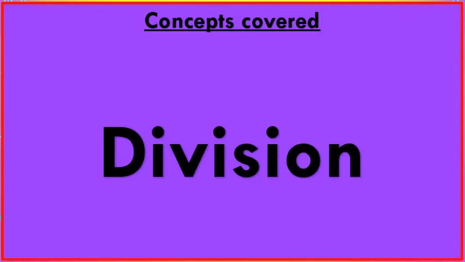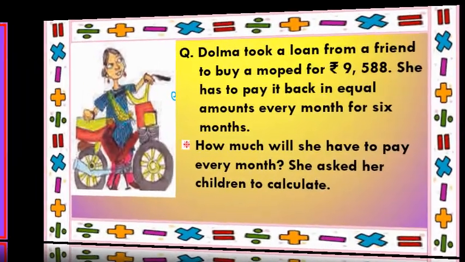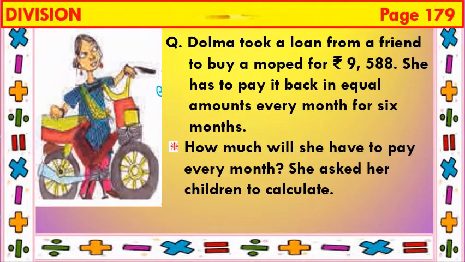Children, today we are going to learn division. This is Dolma. She took a loan from her friend to buy a moped for rupees 9,588.